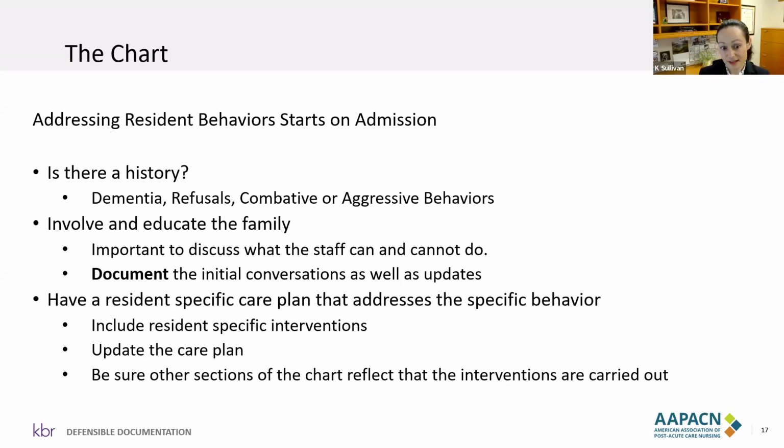And I would say having those conversations before an incident is even more powerful. When you can build trust, when you can explain what the facility is doing to address and reduce the risk for falls, but what the facility is also not doing and why they're not doing it.